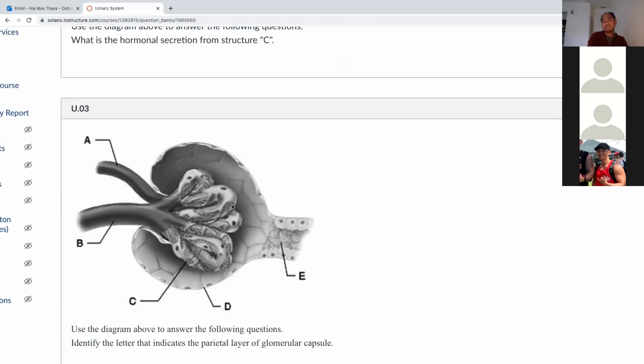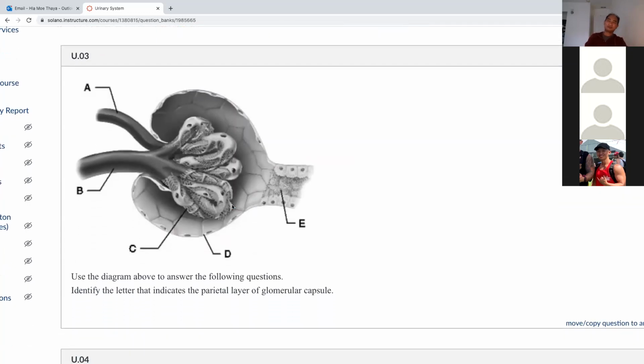Hey, what is this? Bowman's capsule. Perfect. So what is structure A? And what is structure B?